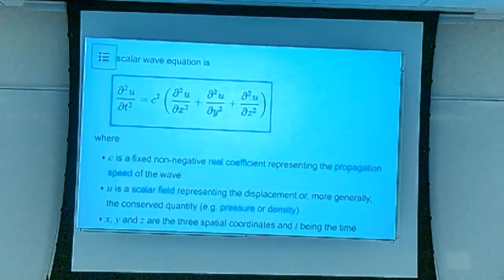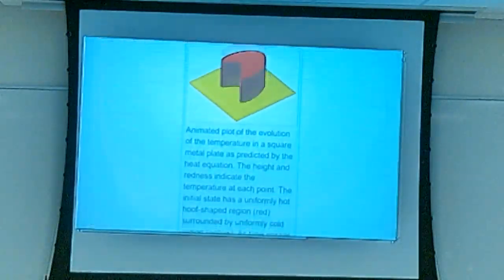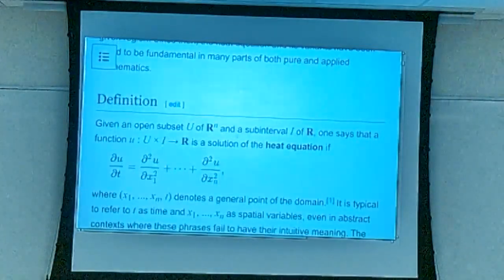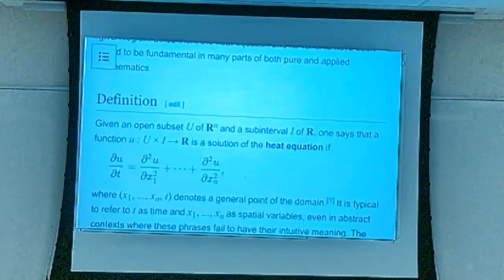So that is the wave equation, which is a very common partial differential equation that's studied. And then we have what's known as the heat equation. Generally speaking, you're dealing with three spatial dimensions and one temporal.